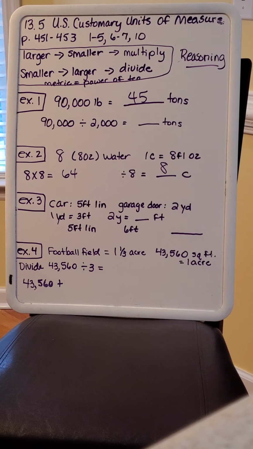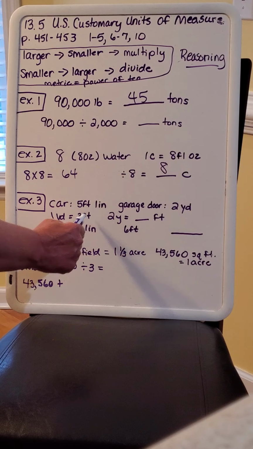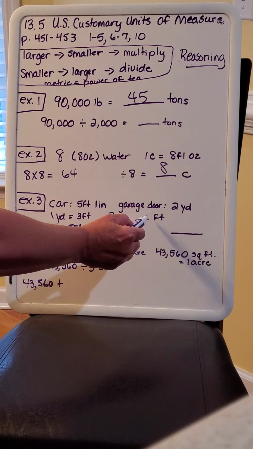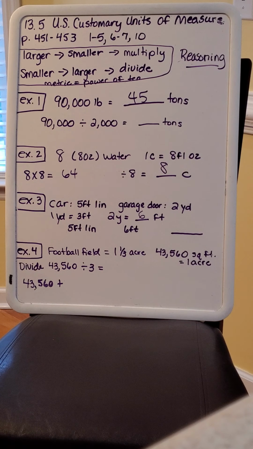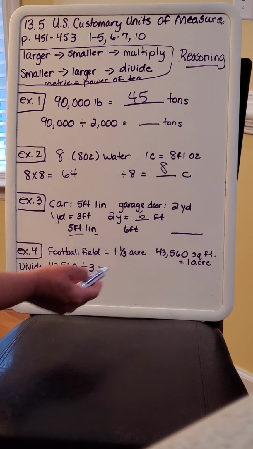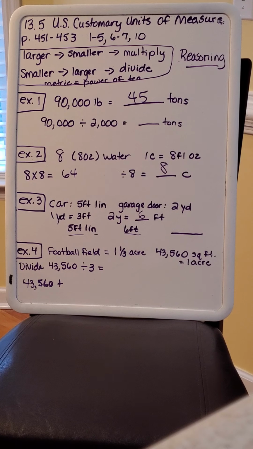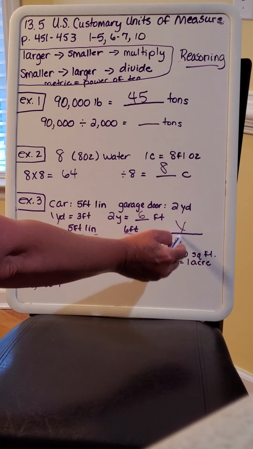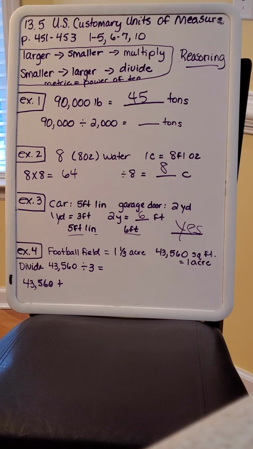A yard is equal to 3 feet, and so to find out how many feet 2 yards would be, we would multiply. So we would do 2 times 3, which is 6. So we get 6 feet, and now we can compare. The car is 5 feet and 1 inch, and the garage is 6 feet. So yes, the car can fit into the garage.